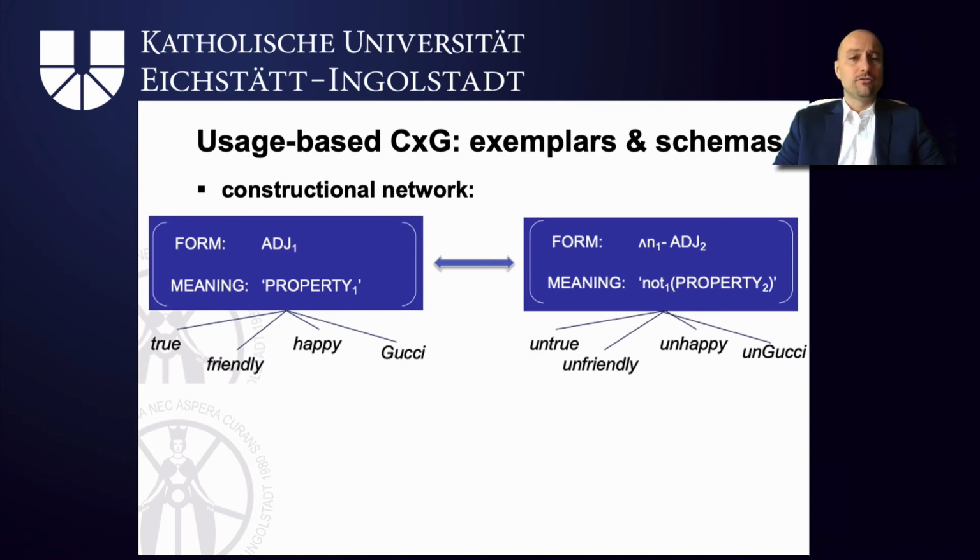In the same vein, true, friendly, happy will lead to the entrenchment of the adjective construction, because there is type frequency. The two are going to be linked, however, as we said in the last session, so the constructicon is not just a list of constructions, but a network of constructions, with horizontal links between our schemas.